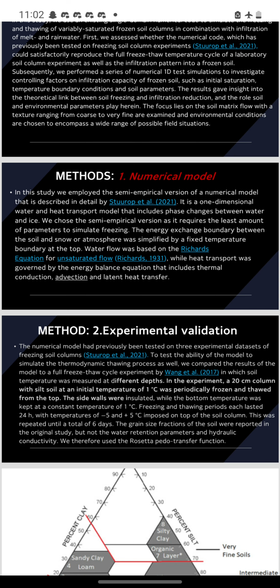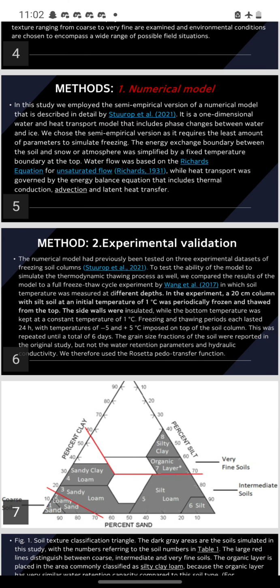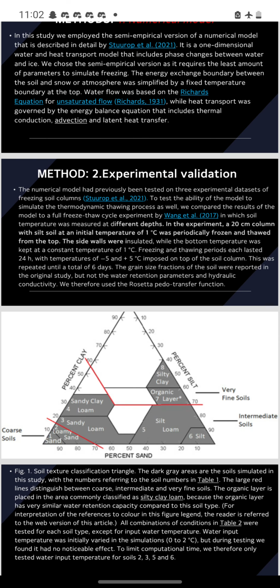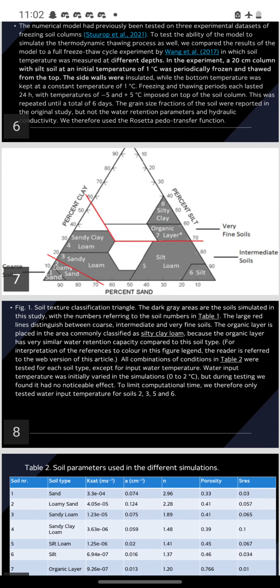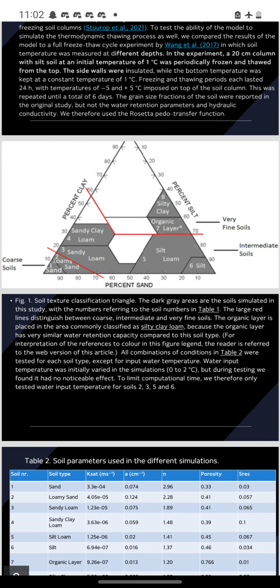The grain size functions of the soil were reported in the original study, but the water retention and hydraulic conductivity parameters were derived using the Rosetta pedotransfer function in this case. Soil texture classification triangle. Dark gray areas are soils simulated in this study, with numbers referring to soil numbers.